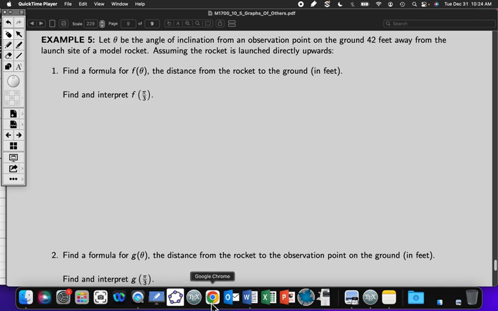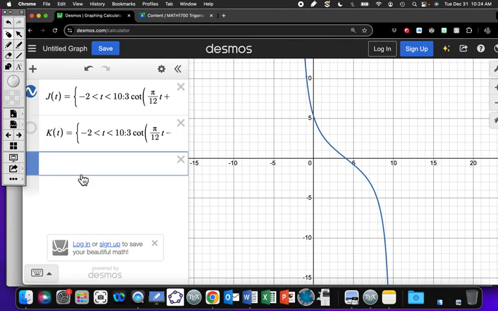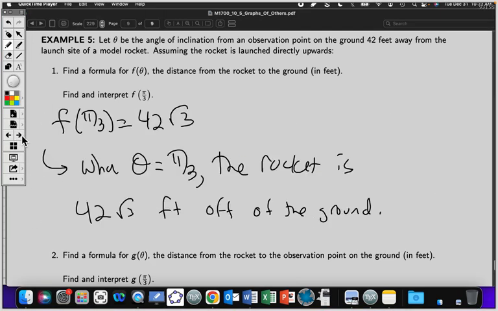So we can fire up Desmos here and get a decimal representation, 42 square root 3. That's roughly what, 72, 73 feet? So roughly 72.75 feet. Okay. So it's heading up.